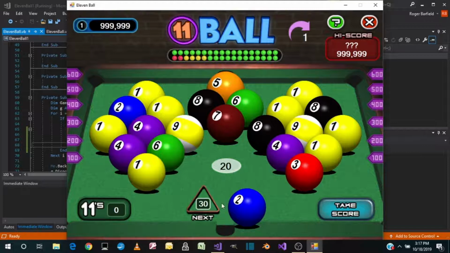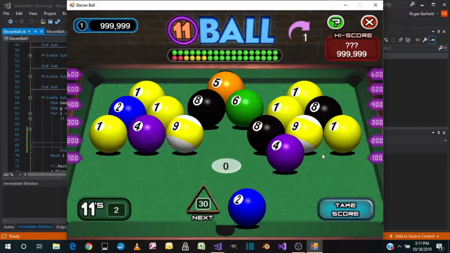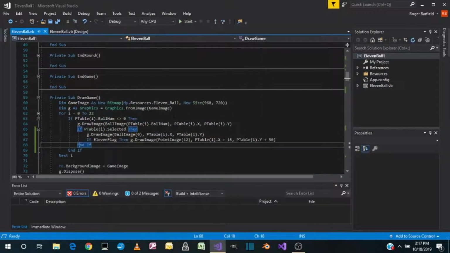Oh, let's see. 7, 3, 1, up 1. It was there, but it was really briefly there. 6, 4, 1. If we want, we could put a little delay just for now, just a temporary thing.